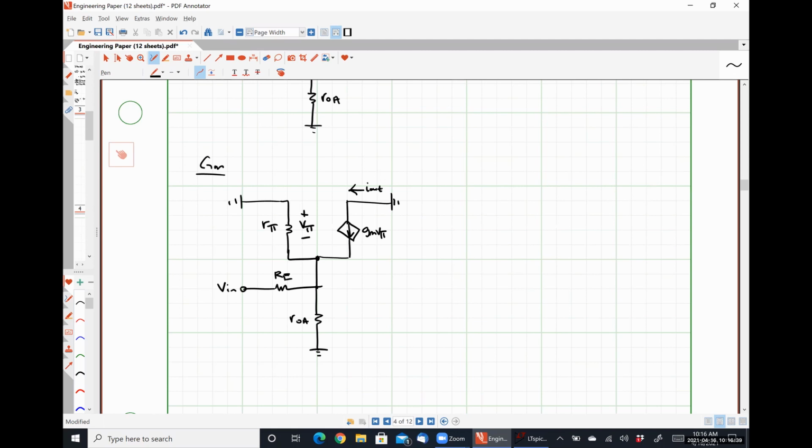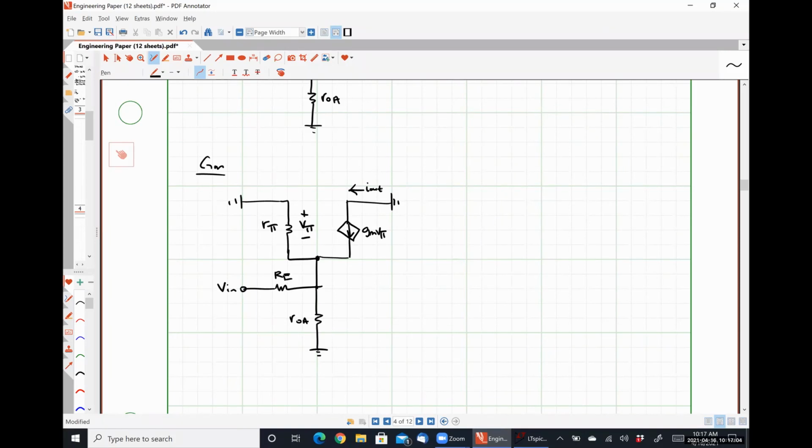And then that current is going to split up and flow through my resistor network.